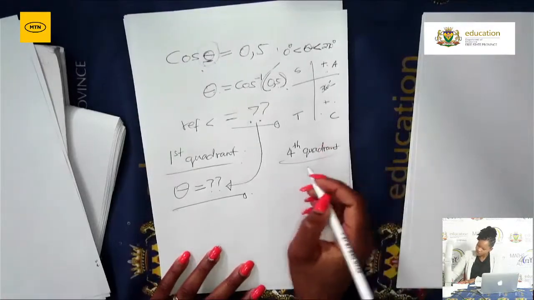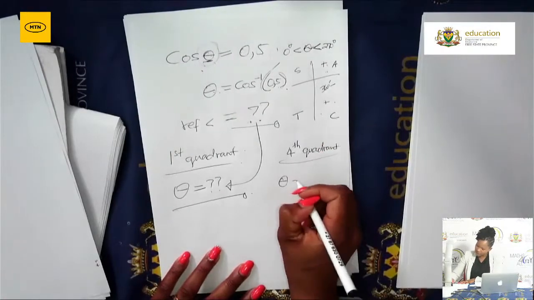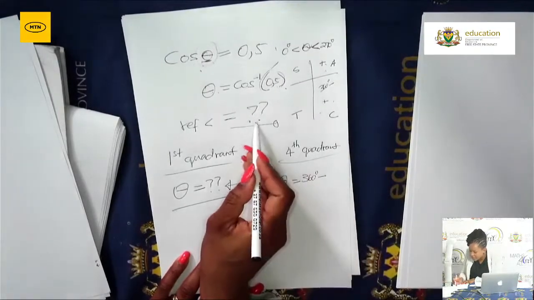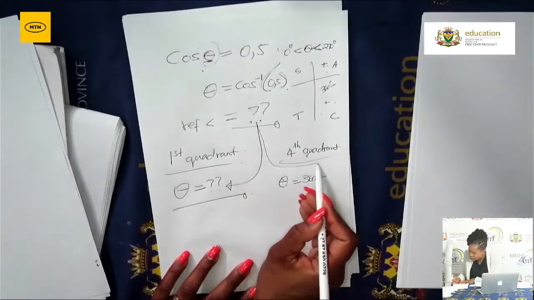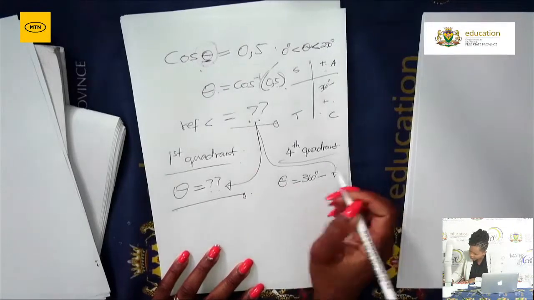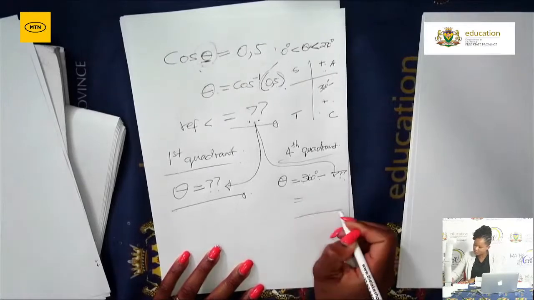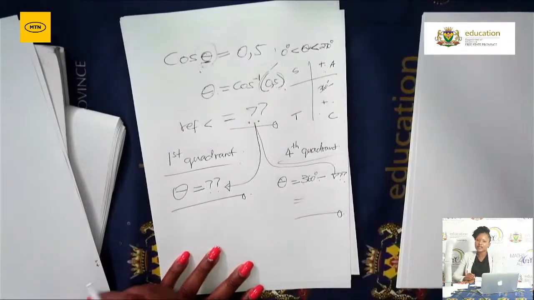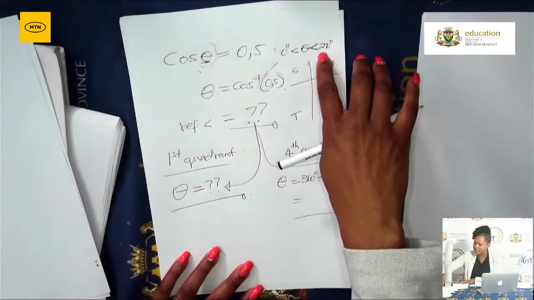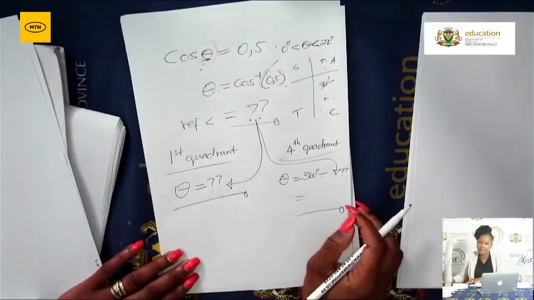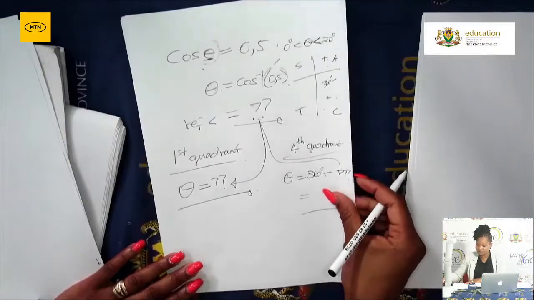So theta equals 360 degrees minus this reference angle that you calculated from your calculator. Then it will give you this solution. That's if the restriction did not say 270. We have 360 degrees here. All right, that is the equation.